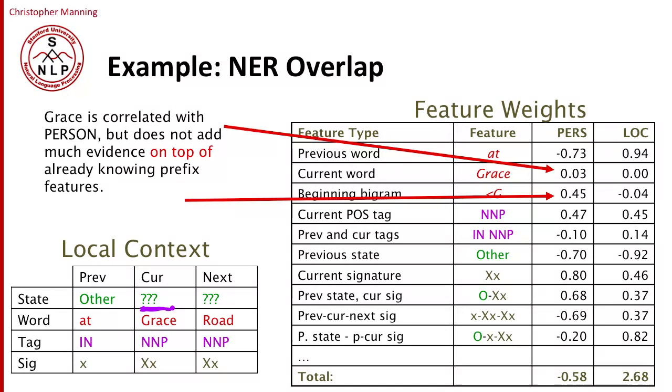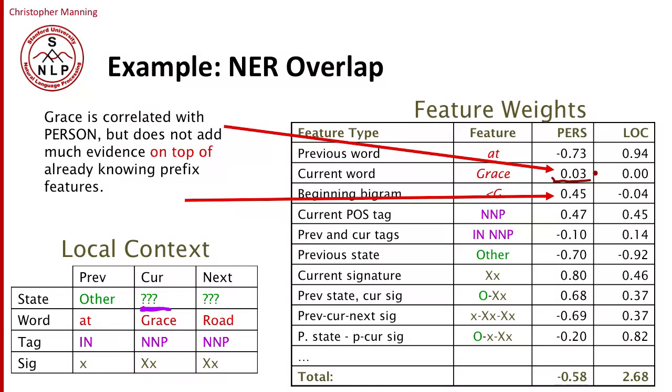And our two candidates in these examples are person or location. So you could reasonably think that the word Grace is a good indicator of something being a person and should therefore have a high weight for person. And if you look at what's actually in the model, well, it does have a positive vote right here for Grace being a person, but it's a fairly weak positive vote.